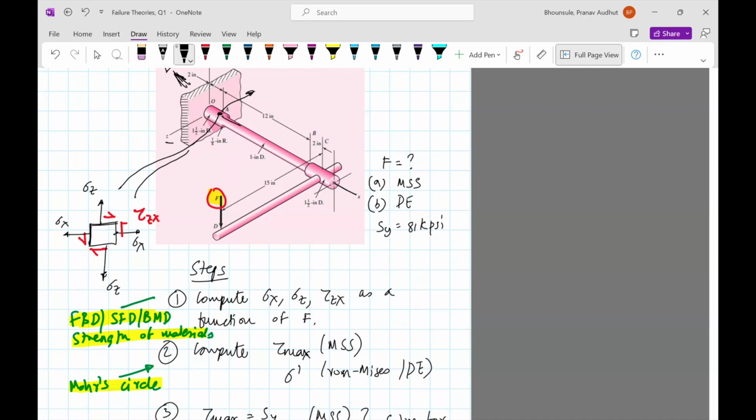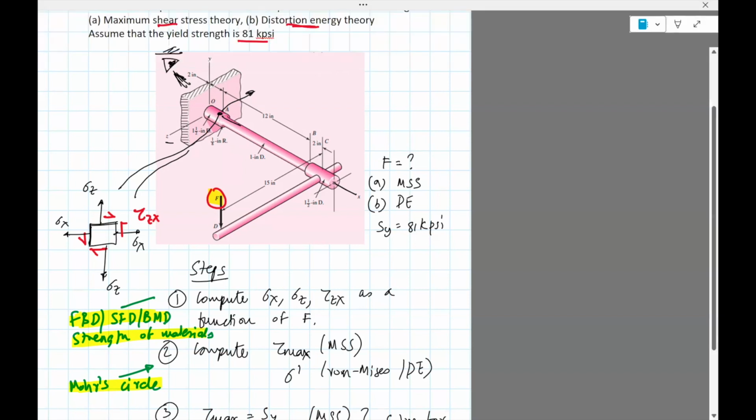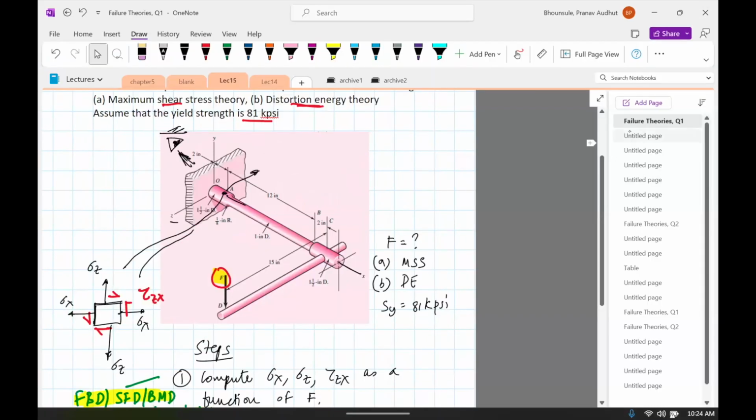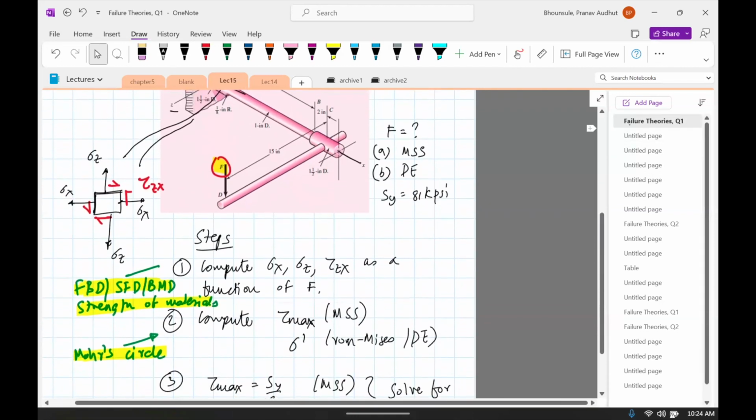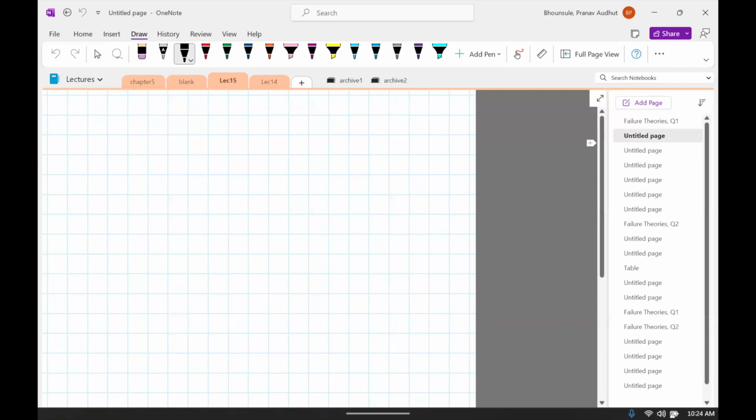And of course, uniaxial forces, so 4 of them. I'm just going to redraw that and then we can start solving it.